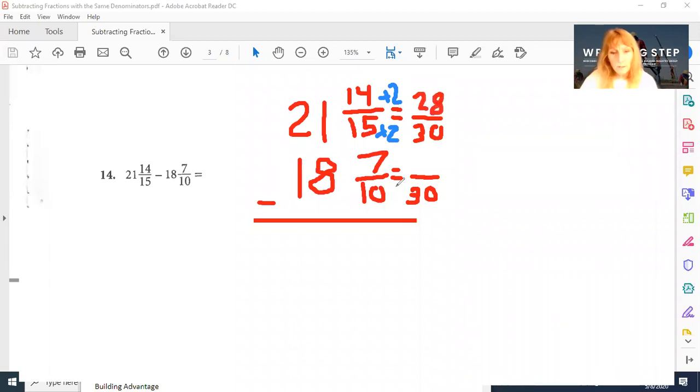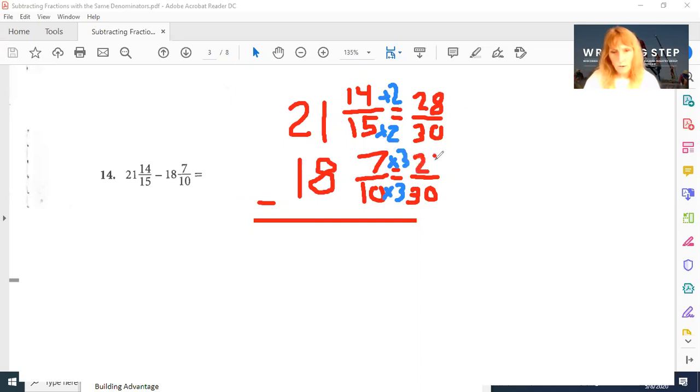And then on the bottom, 10 times what gives me 30? 10 times 3. And I have to do times 3 on the top. So 7 times 3 is 21.